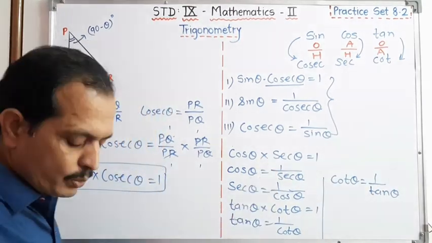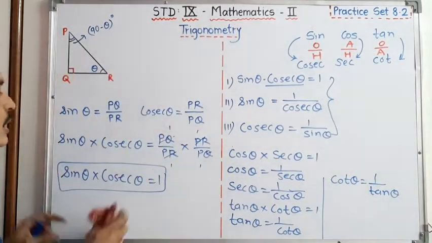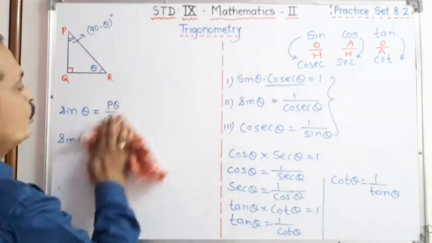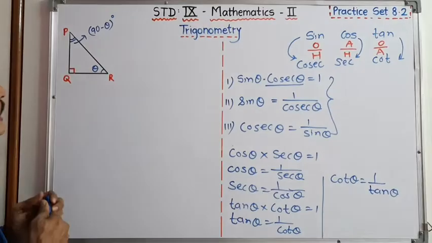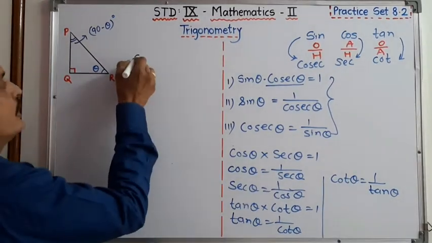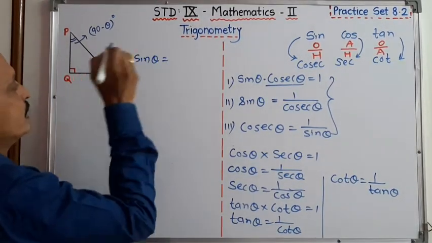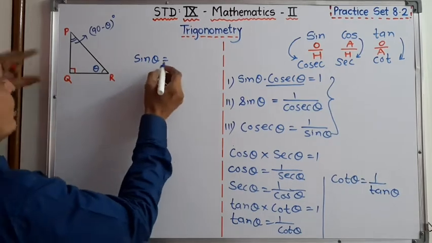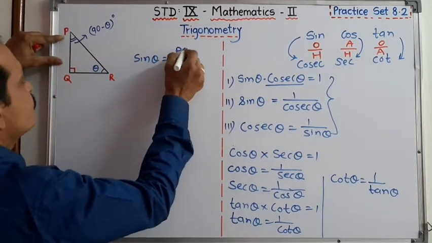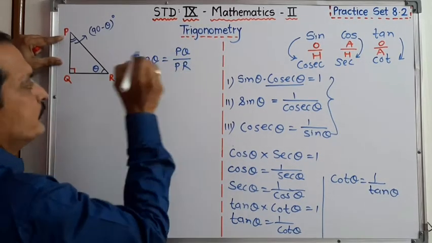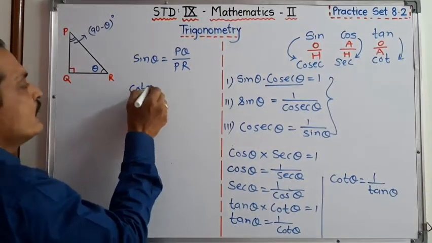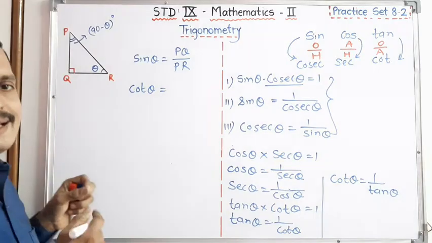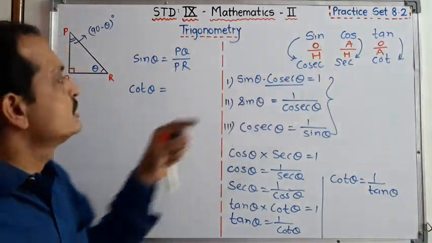See, dear student, from this we can learn two more formulas. If we have to find out sine theta, then sine theta means opposite side, that is PQ upon PR. Got it? Now, can anyone tell me what is cos theta? Cos theta means adjacent side upon hypotenuse.